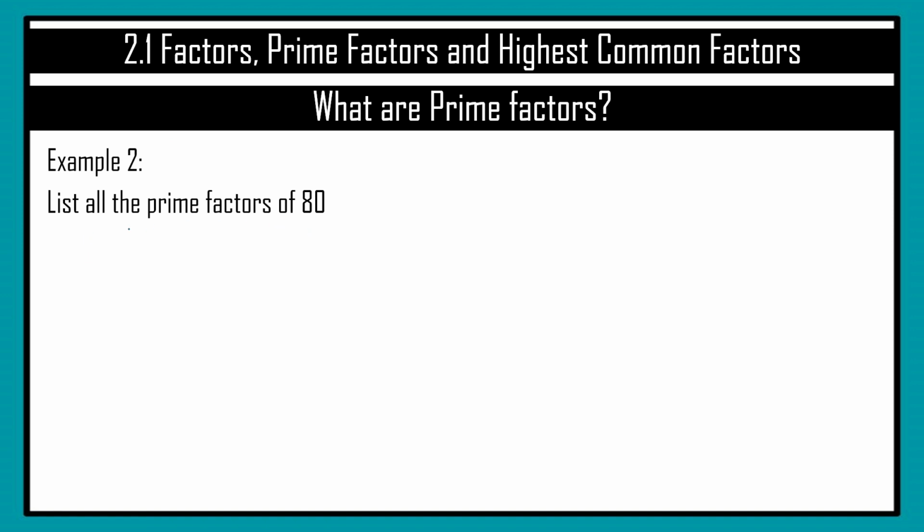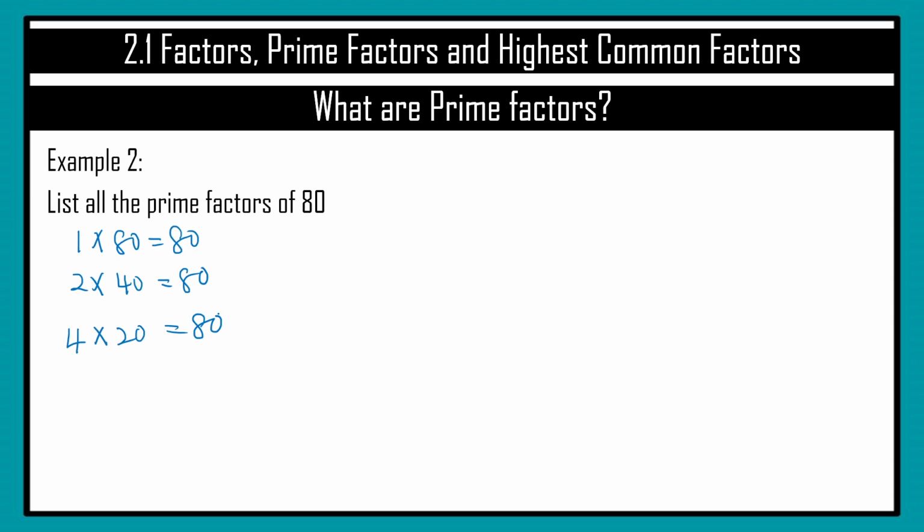So 1 multiply 80, we get 80. 2 multiply with 40, we get 80. Let's check whether we can use 3 or not. You get a decimal, so no. 4 multiply with 20, you get 80.